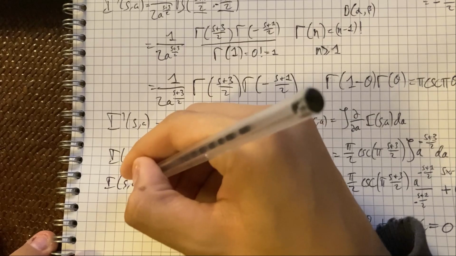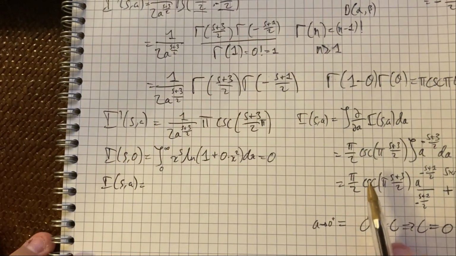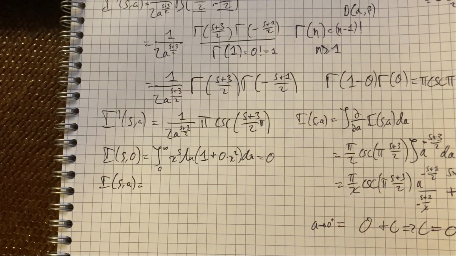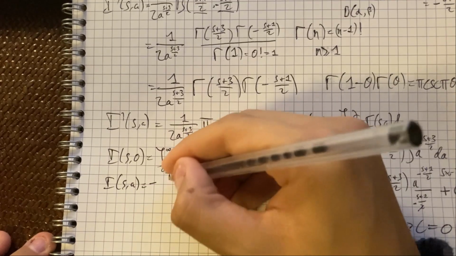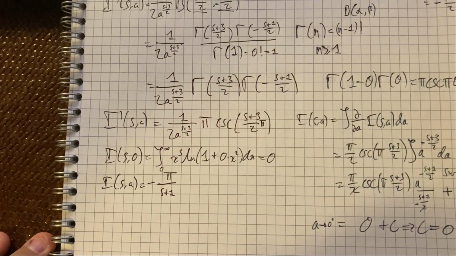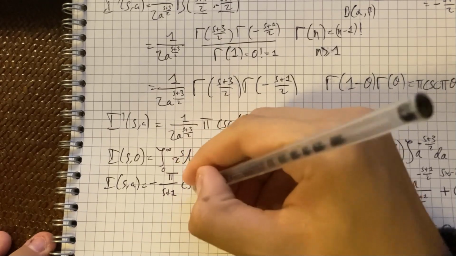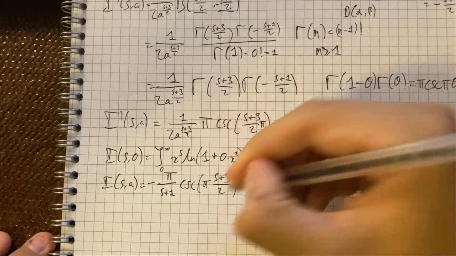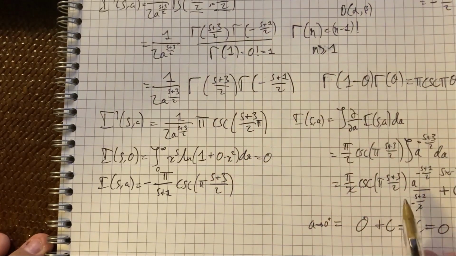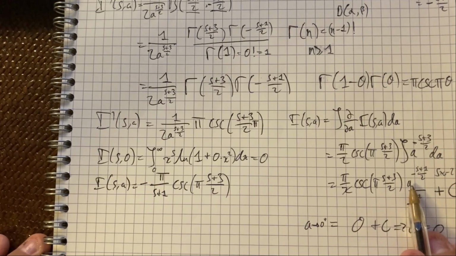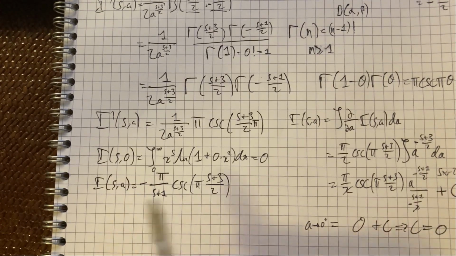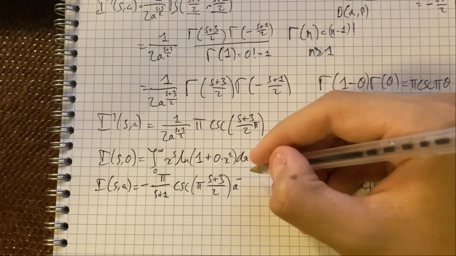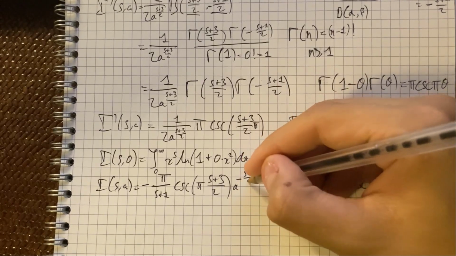So I of s, a equals, here we have pi by 2 and pi by 2, so this and this simplify, and we have negative pi by s plus 1 cosecant of pi times (s plus 3) by 2 times just A to the negative power (s plus 1) by 2.